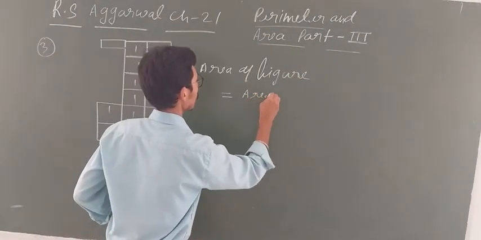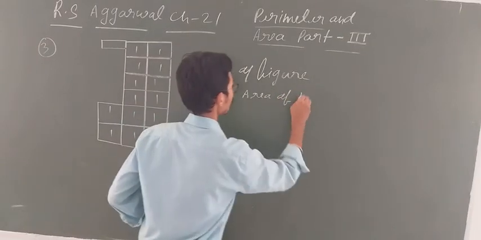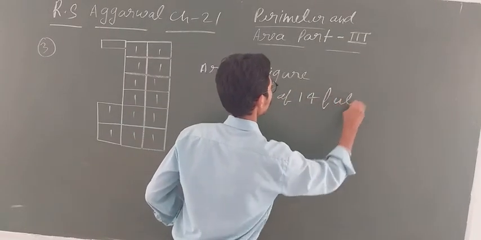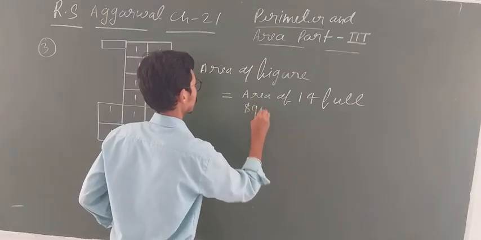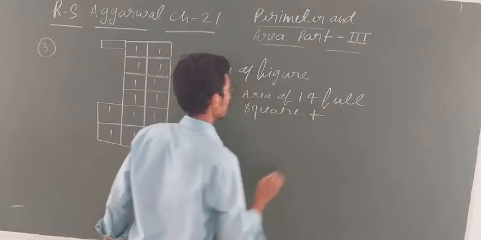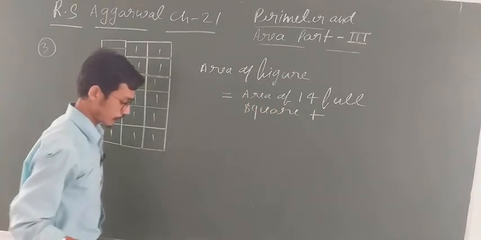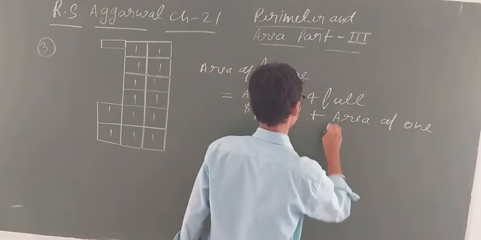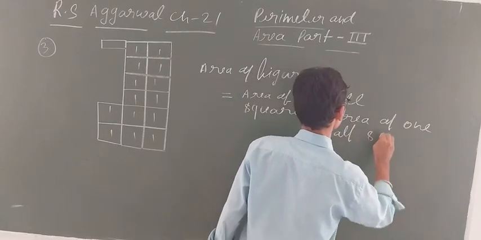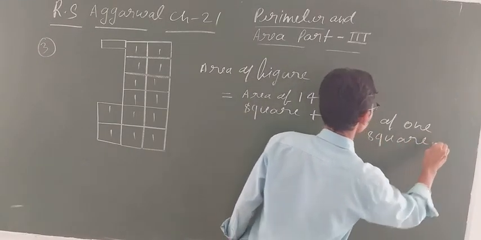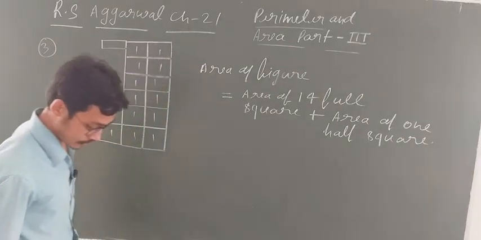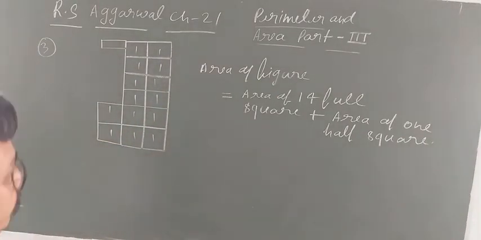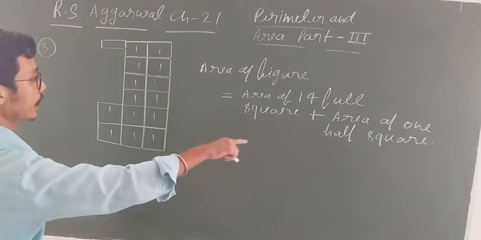The area of 14 full squares plus the area of 1 half square. Clear, student? It means the area of 14 full squares and the area of 1 half square.